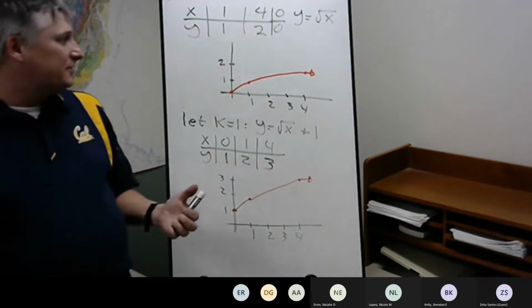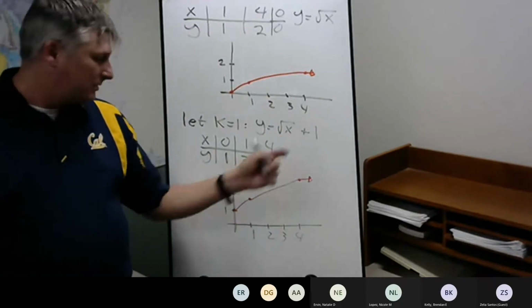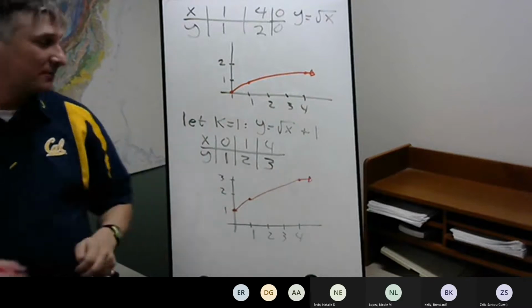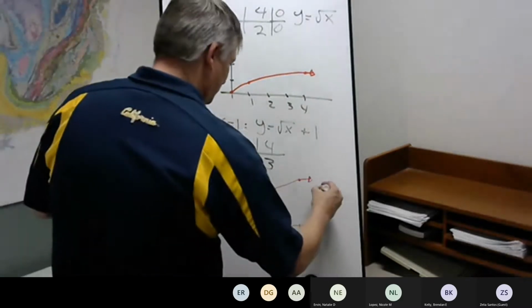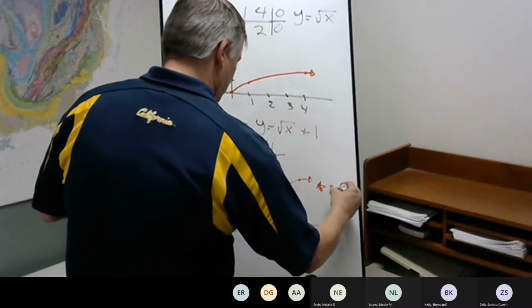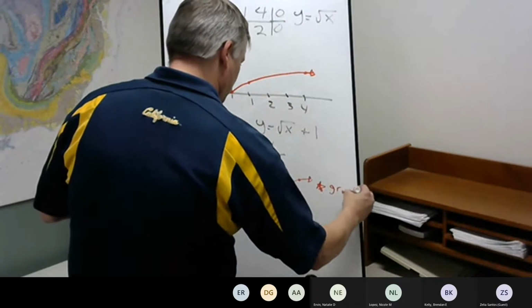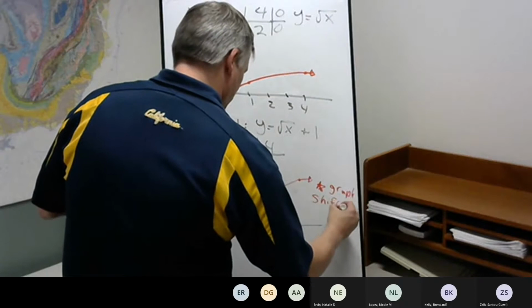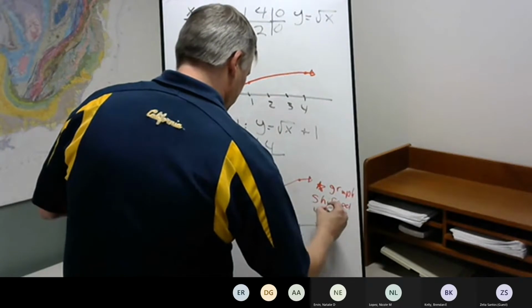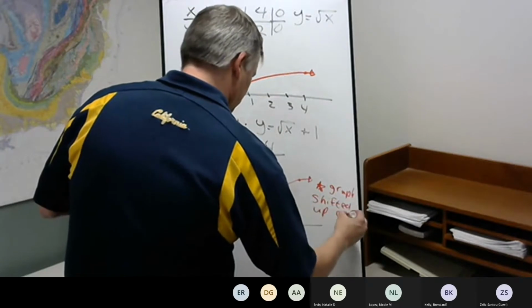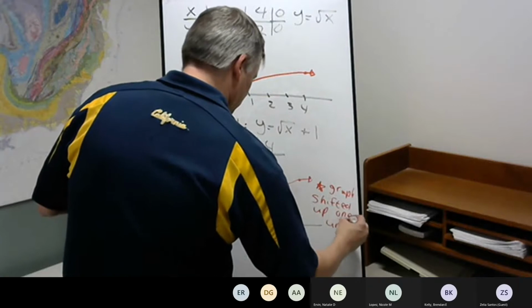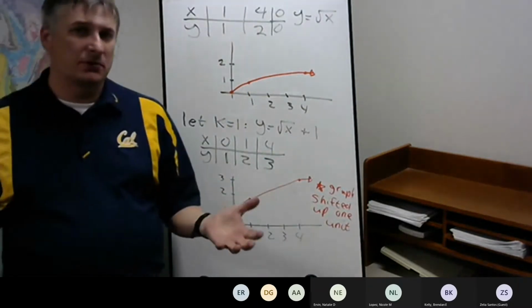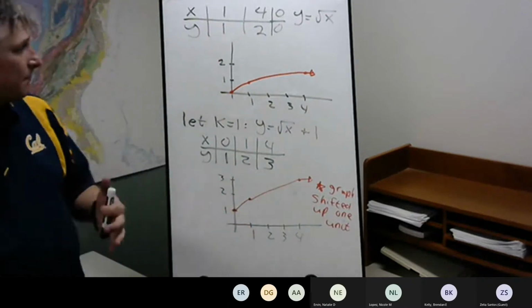So what this does, by adding 1, this shifts this graph up 1 unit. So that's how you can do your vertical shift. And that just shifts you up.